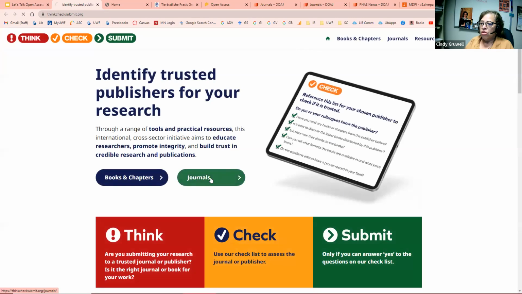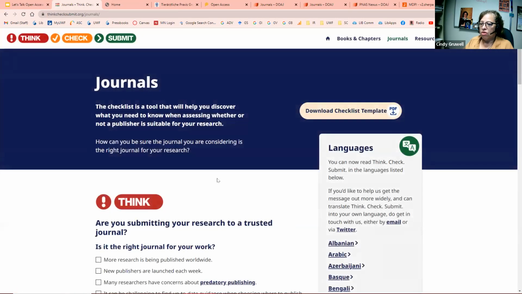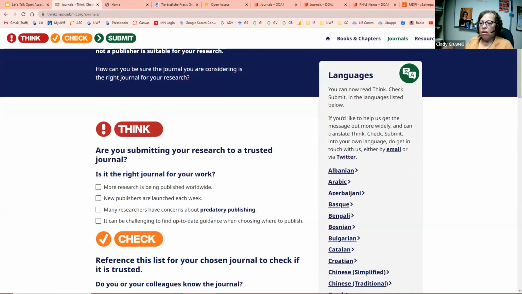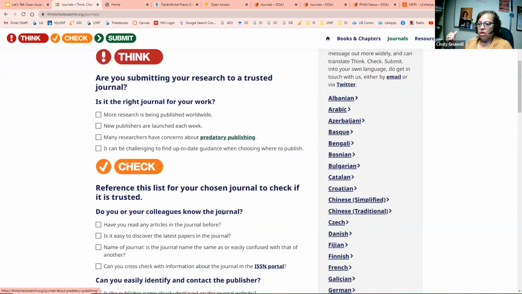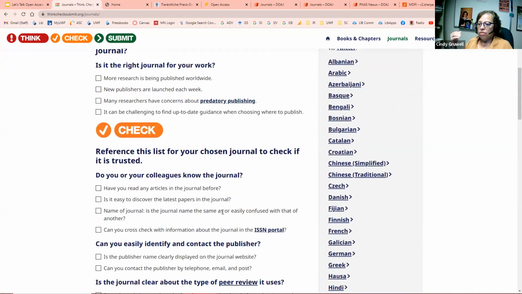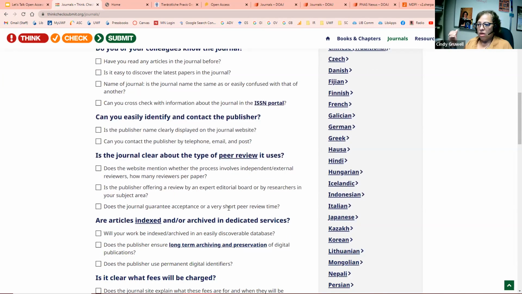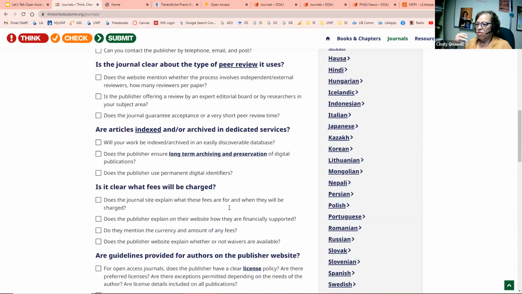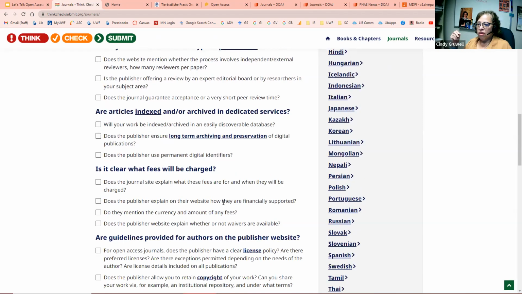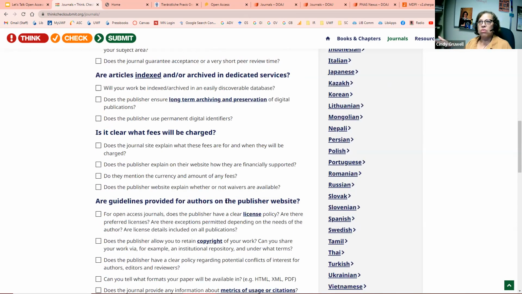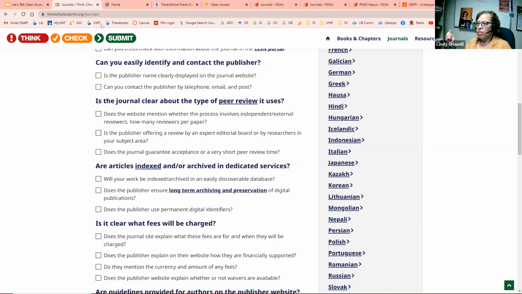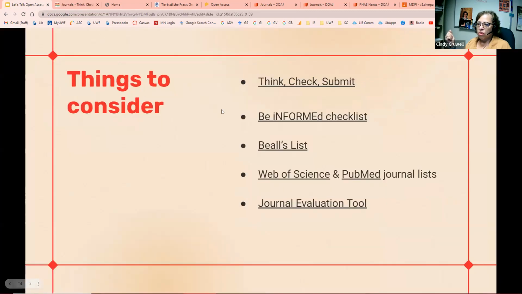They have a checklist, for both books and journals, to think about different aspects of the journal, and then check reference lists, how discoverable they are, and how easily publishers can be contacted in a sensible way. Of course, there's the APC, the fee charges. If fees are very low or very high, a lot of times you need to scrutinize that. So it's a very good way to work through that.